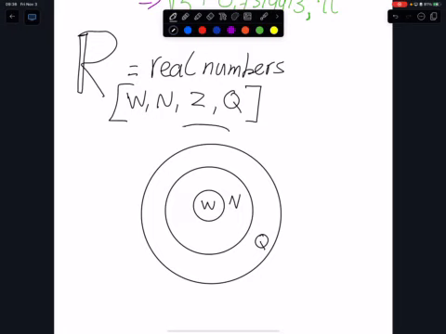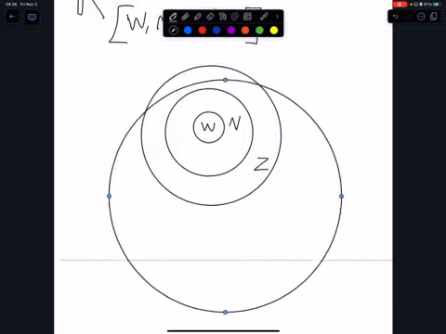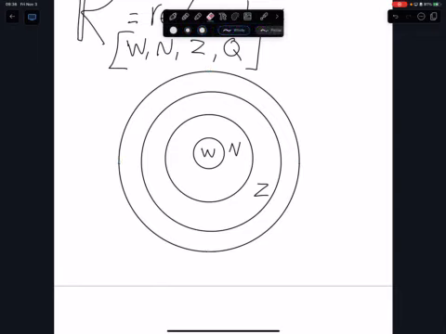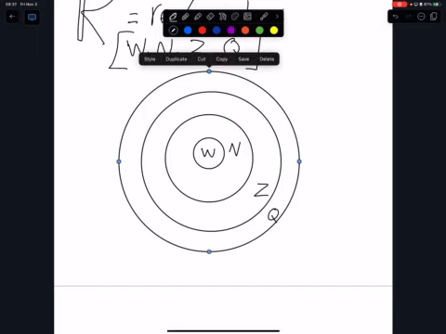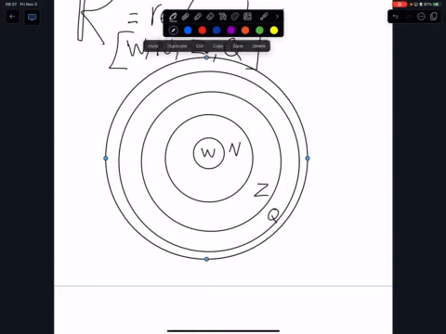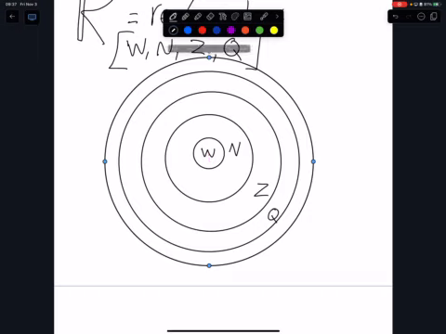This is Q. Oh, Z. Q. And this is R. So if a number is in here, obviously it's part of all the rest.